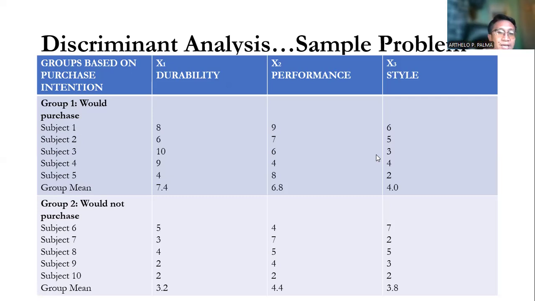It's important to know these means because later in the analysis of the discriminant analysis, especially in the analysis of your results, in the first phase we will be identifying which of these factors, durability, performance, and style, would be used in our final model.